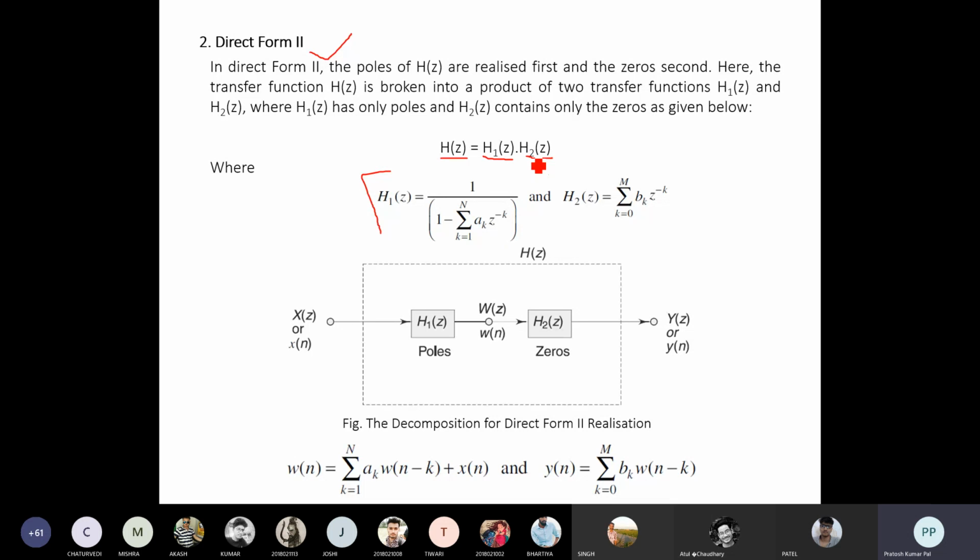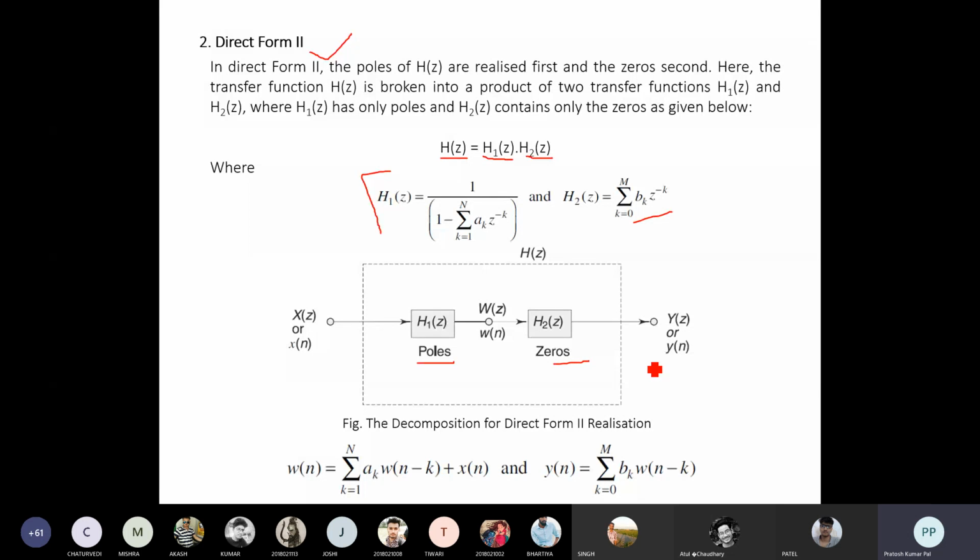H2z will be representing the zeros. So this standard generalized form has H1z representing the poles and H2z representing the zeros. This is how the change between direct form 1 and direct form 2 will be.